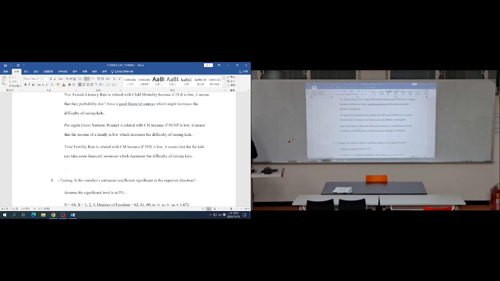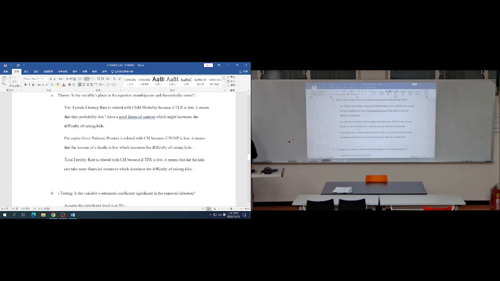Excuse me, is this related to financial? Total fertility rate, and also the first one, female literacy rate. Is this all related? Can you explain these two variables again? Okay. So it's not directly related, but in logic you can predict it. So that's why later I need to prove it.